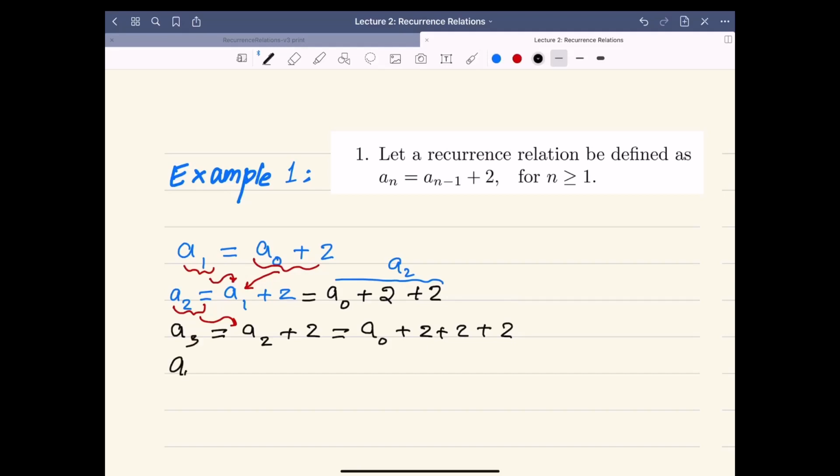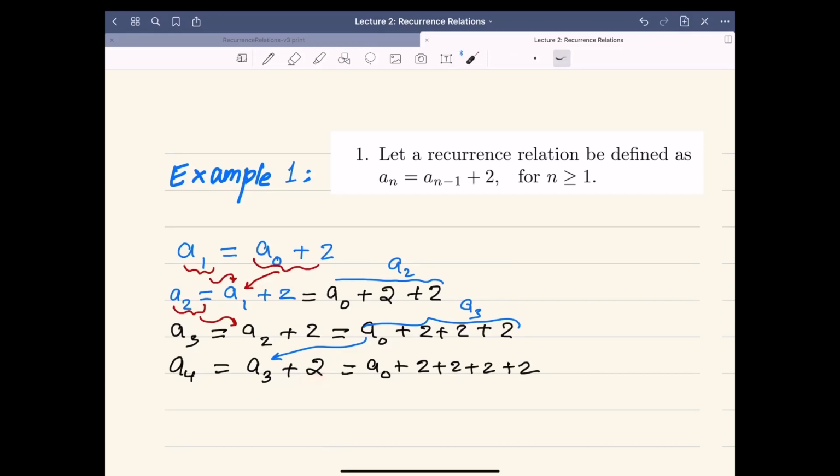For A4, it's equal to A3 plus 2. A3 you have already found in a previous step, so substitute it here. This is going to be equal to A0 plus 2 plus 2 plus 2, and plus 2, the one that is coming from here.